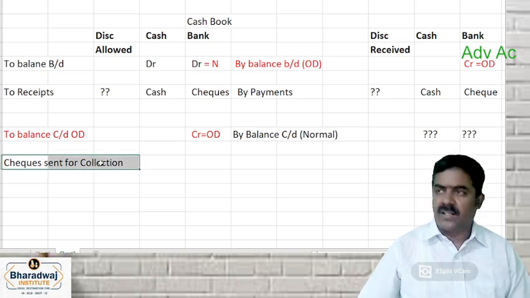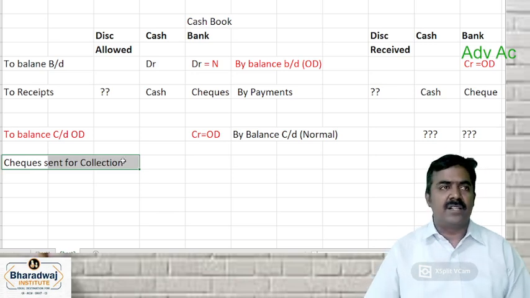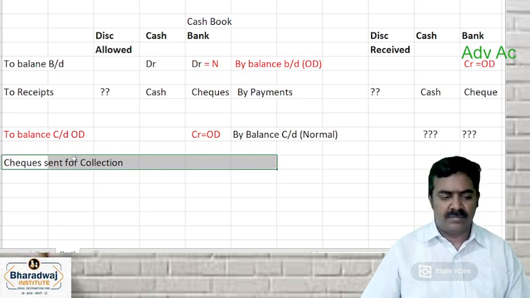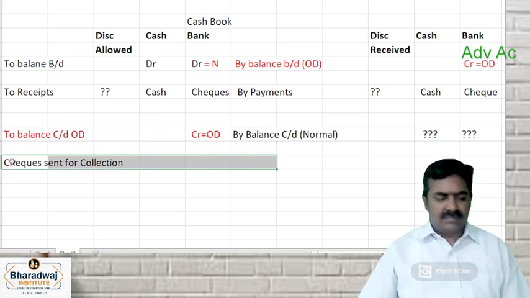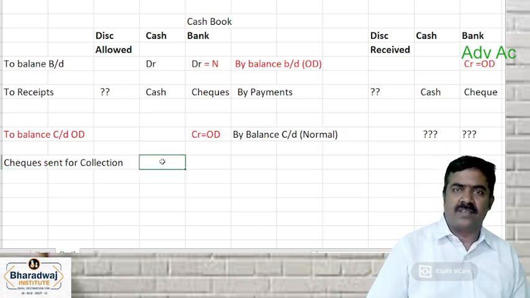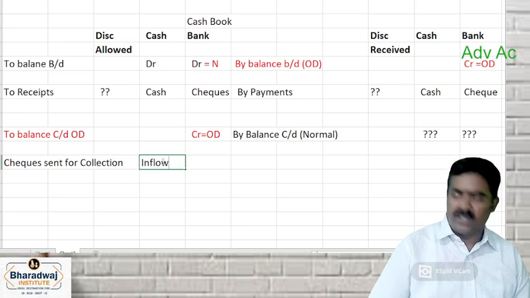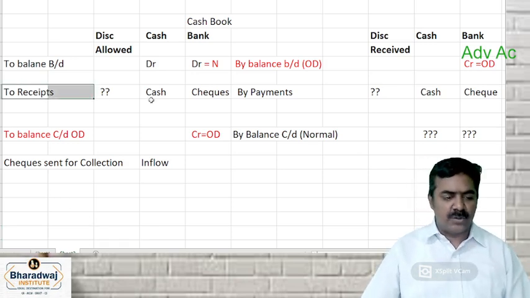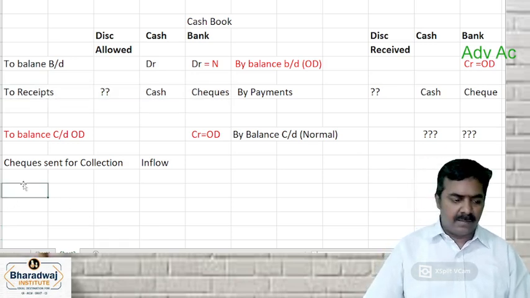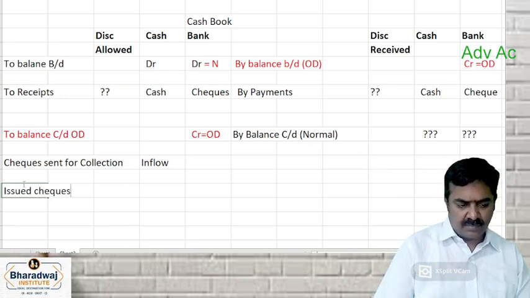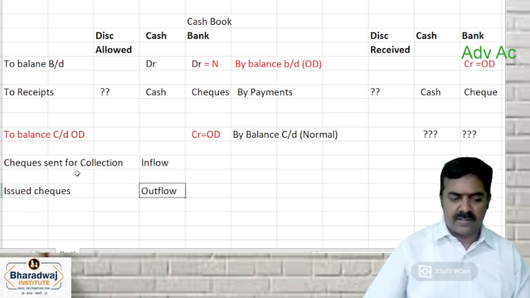Check sent for collection. When you send the check for collection, will you debit the cash book or credit the cash book? When you send the check for collection, it is an inflow check or outflow check? Inflow check. We are sending the customer check for collection. It's an inflow check. We will debit. Issued checks are nothing but outflow checks.